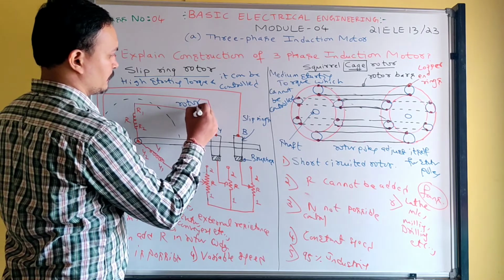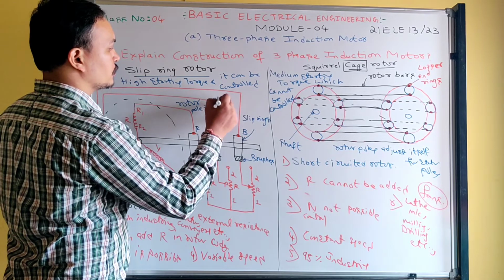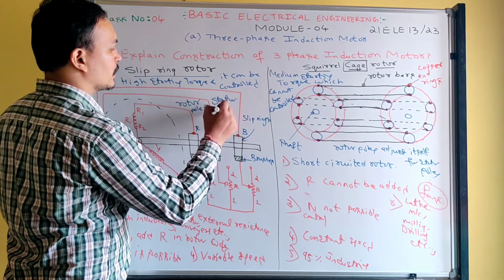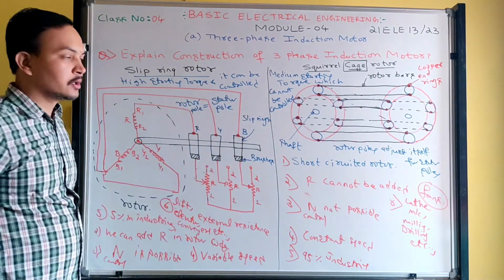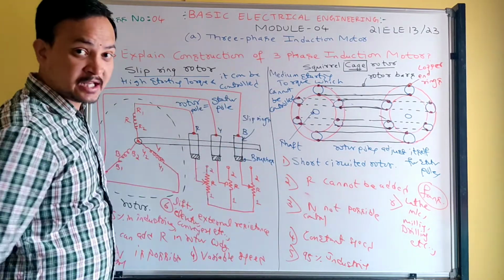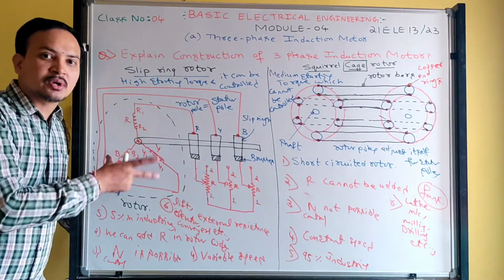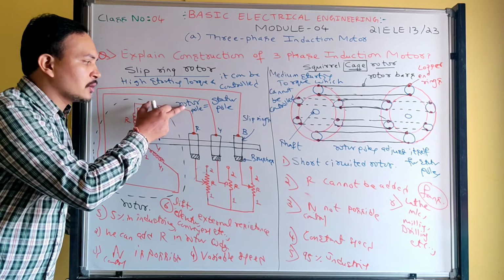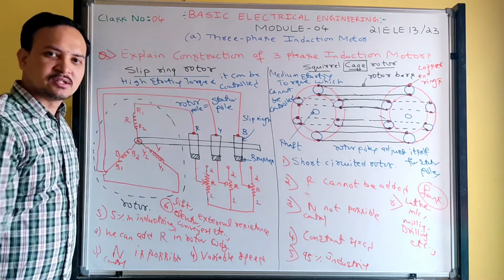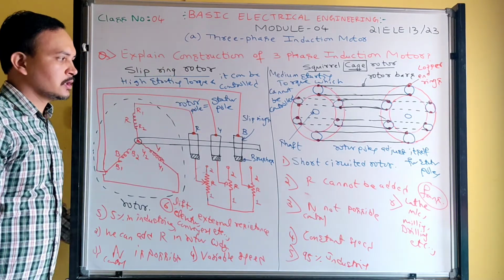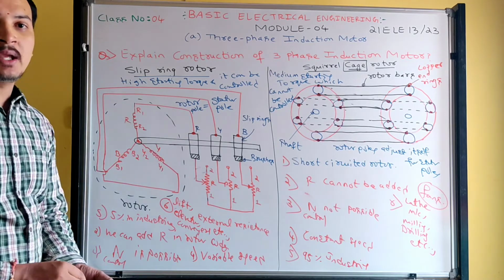That is important. If the stator has 10 poles, you should design the rotor so that the rotor poles match the stator poles. Rotor poles and stator poles both should be equal.